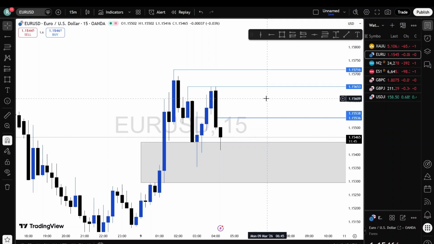So even if 15 minutes creates this selling FVG, I won't be on the selling side. But if 15 minutes creates this selling FVG, and after tapping that FVG of 15 minutes, 5 minutes is also aligned with the 15 minutes, then I can take the trade targeting the most recent swing low, you can say.